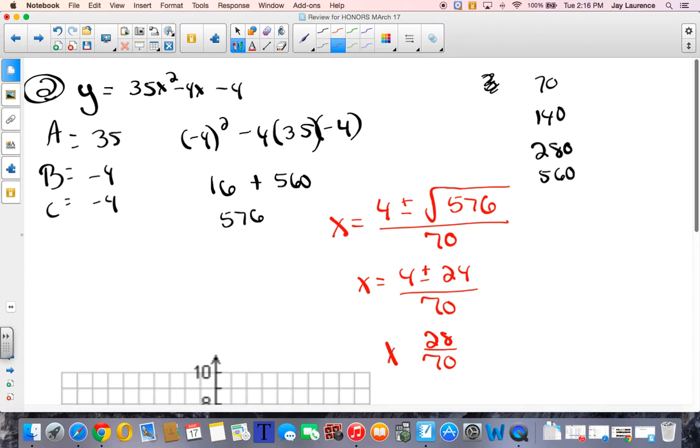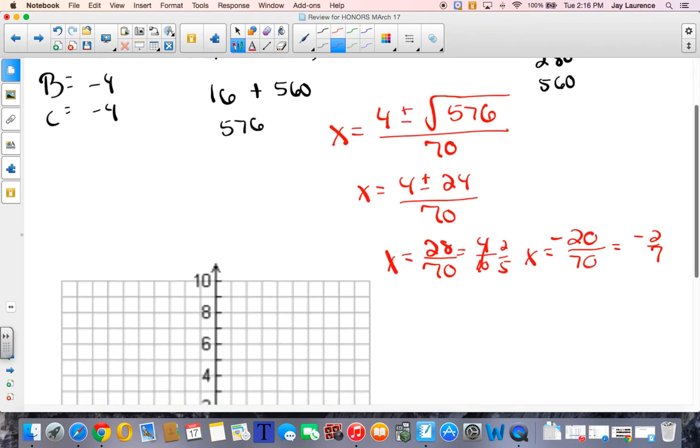That's going to be one solution for x. And then the other solution for x is going to be negative 20 over 70. Well, negative 20 over 70 is negative 2/7. If I divide both of these by 7, I'm going to get 4/10, which is better said as 2/5.